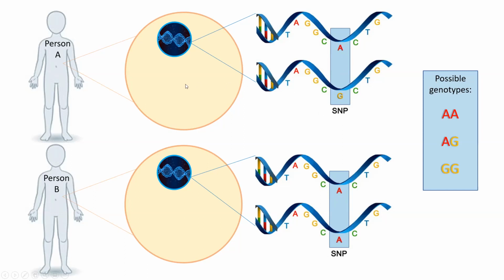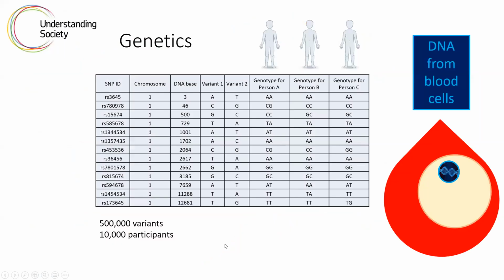And because we all have two copies of every chromosome, one from mum and one from dad, your genotype at this SNP, single nucleotide polymorphism, can either be AA, AG, like this person, or GG. So in the genetic data set, we have 500,000 SNPs tested in nearly 10,000 people.